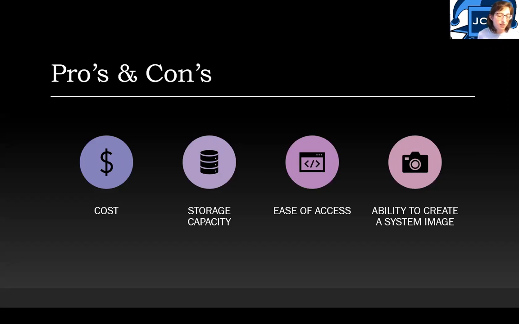So the system image really is priceless. Without having that, if your hard drive were to go out or Windows did an update and you needed to get all of your things back, you would then either have to produce that product key that you purchased from Microsoft or Office, or you would have to come up with something new.